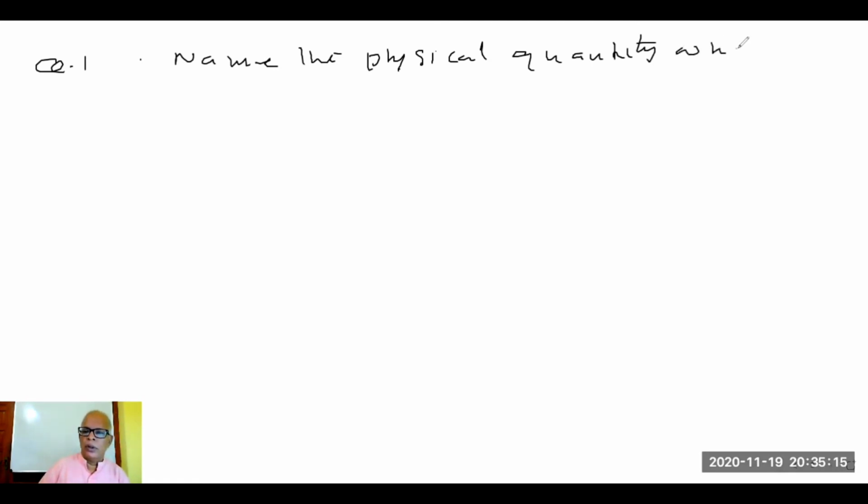Name the physical quantity whose dimensional formula is as follows.